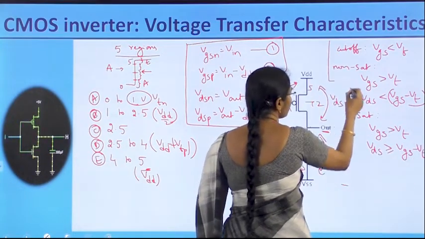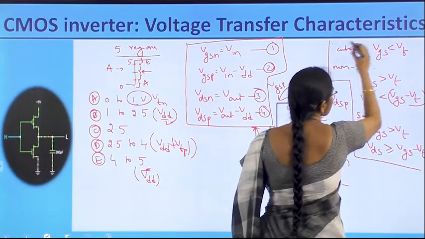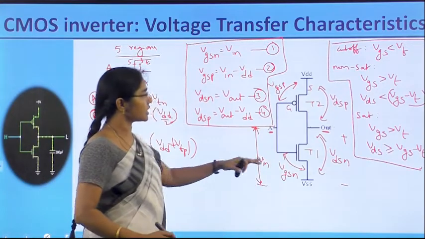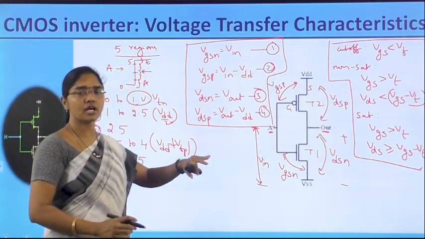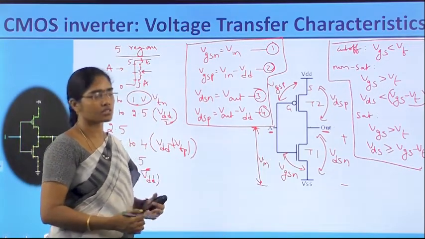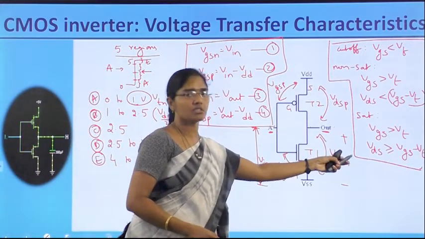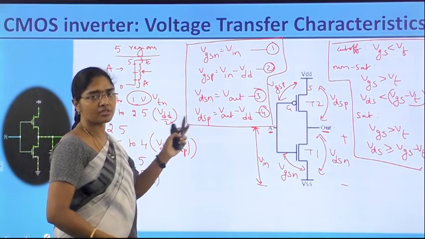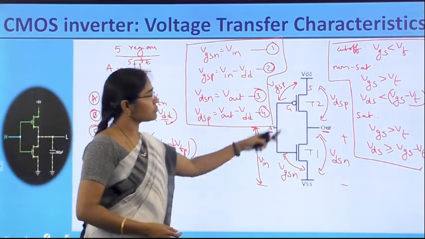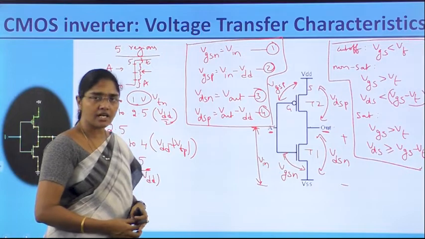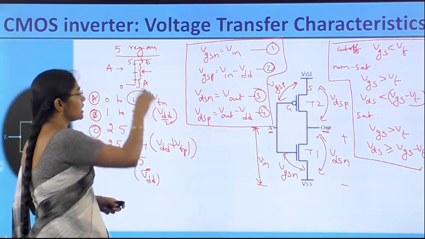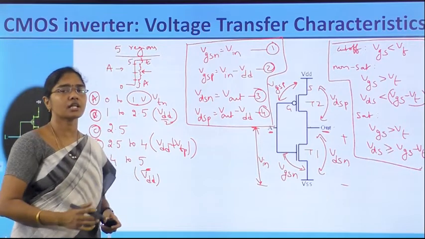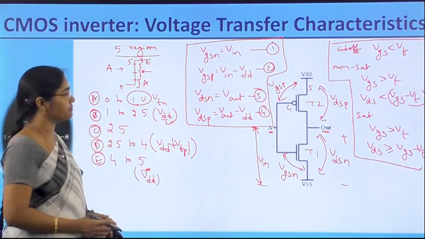By following these voltage equations, we can define whether transistors T1 and T2 are in saturation or non-saturation. Having these conditions and finding the values of VDSN, VGSN, VGSP and VDSP, the transistors can be defined as either saturated or non-saturated for regions A to E. After knowing this, we can draw the transfer characteristics easily.